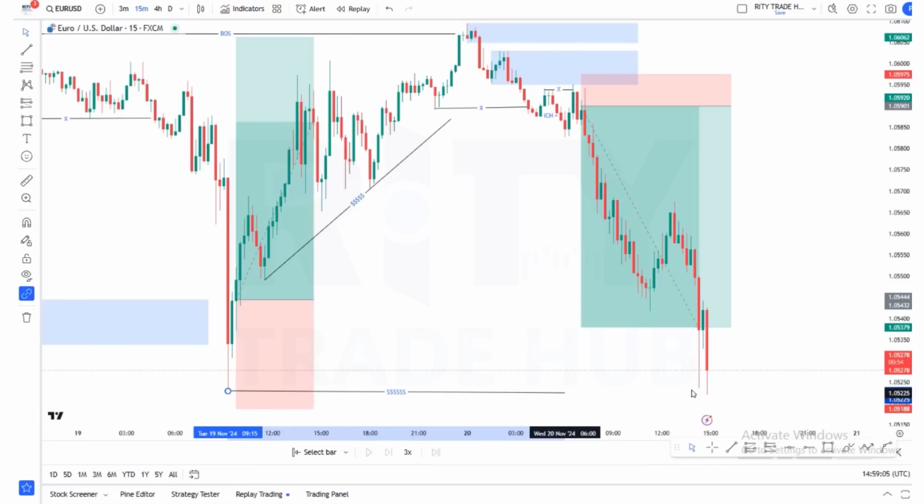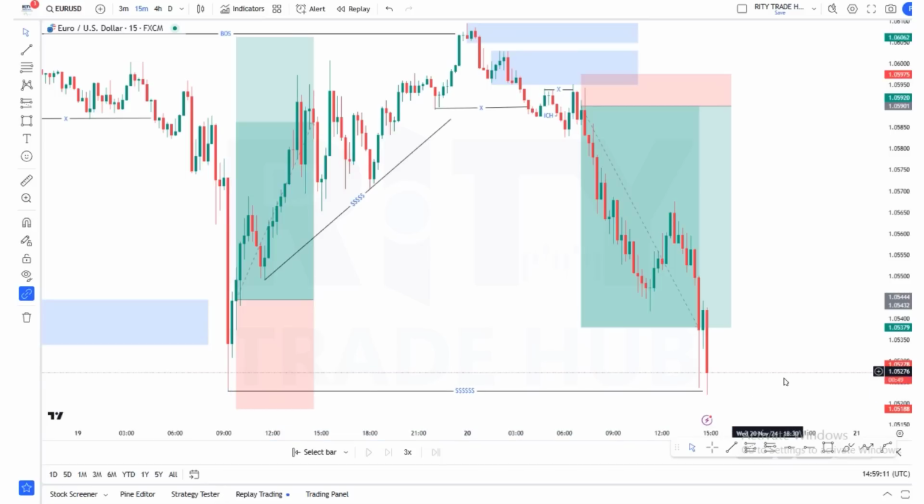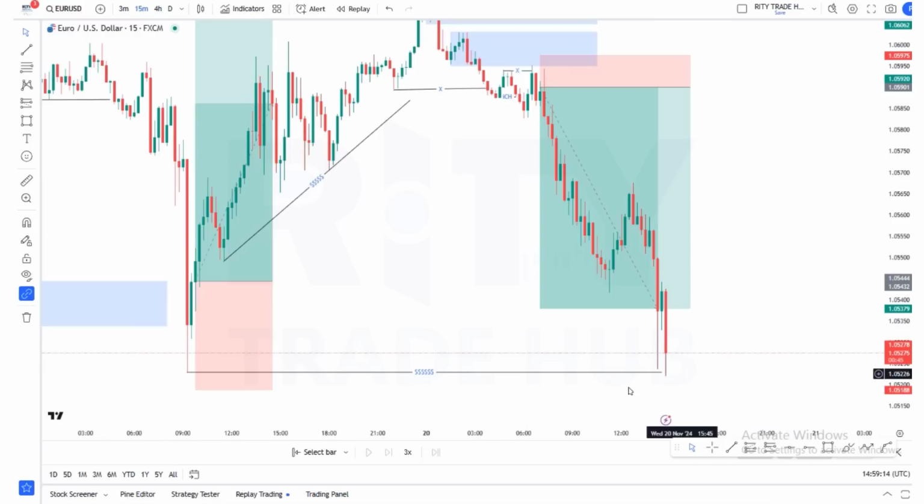Right here, as you can see, guys, the price is almost sweeping this zone, just like we've highlighted. Once there's a sweep, if I see bullish confirmation, then we can still go long.